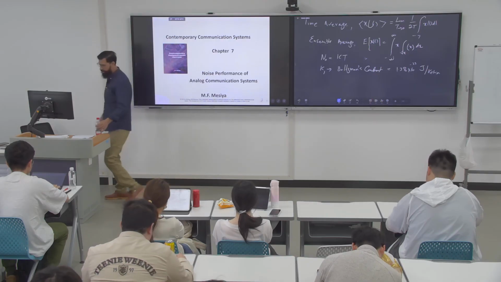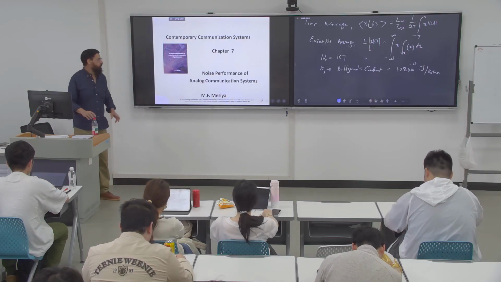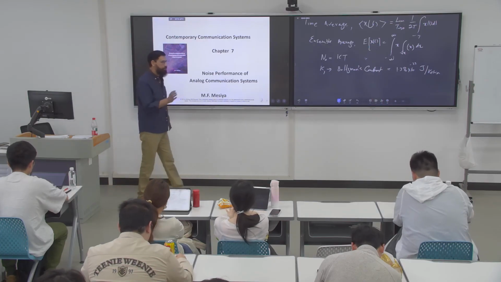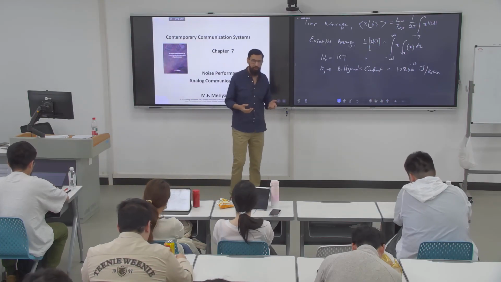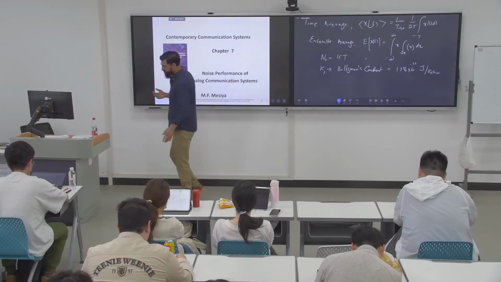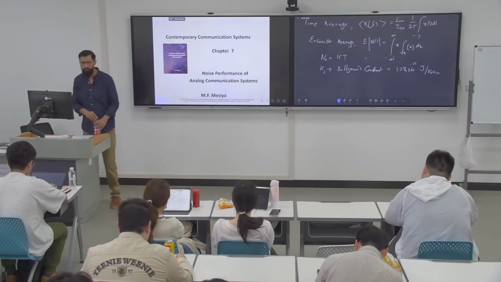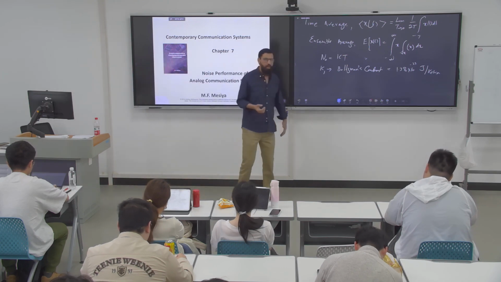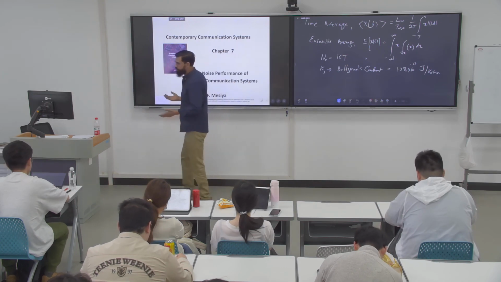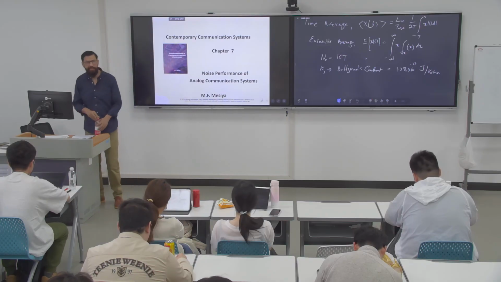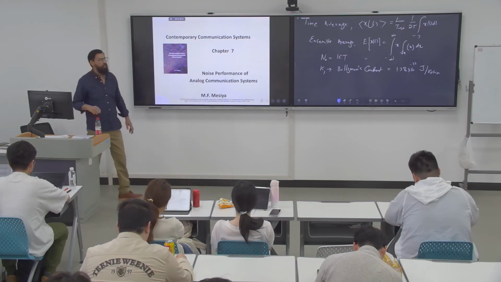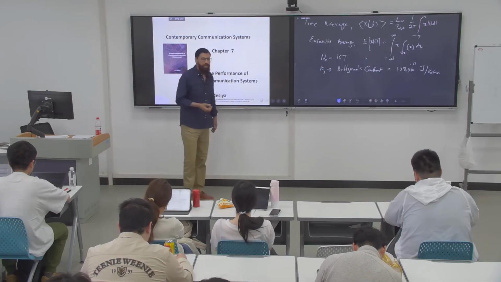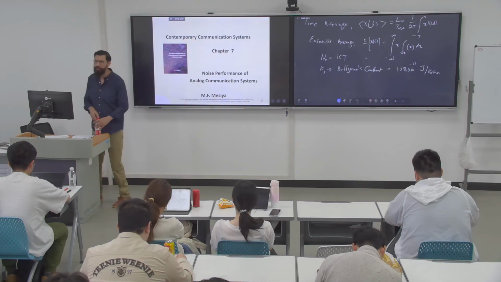Before we start this chapter: in chapter 4 and chapter 5, we did not consider noise. We said, okay, we have a signal, we want amplitude modulation, frequency modulation, or phase modulation. We did not consider the noise. Of course, in nature, when we are transmitting a signal, the channel will add noise.